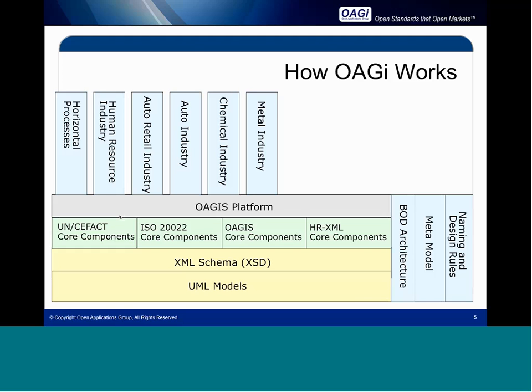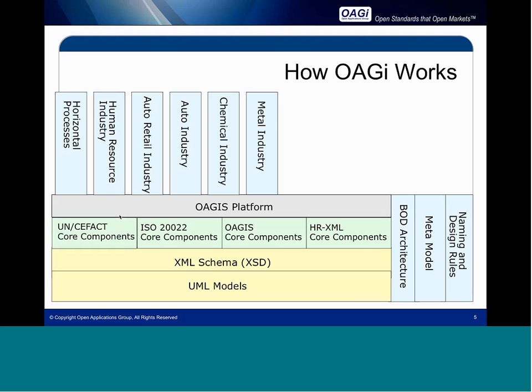Supporting that is a meta model, and that just ensures that our architecture is being enforced, and we are consistent in the way that we construct our BODs. And then finally, there's naming and design rules, which specify how we take our schemas and UML models and core components and ensure that they are expressed in consistent standard ways for how developers would use them.